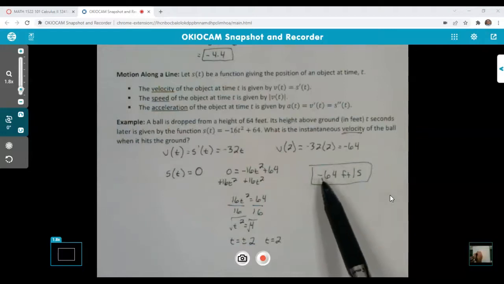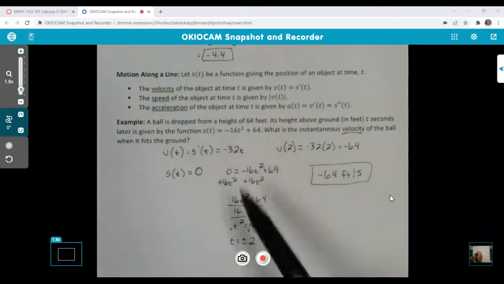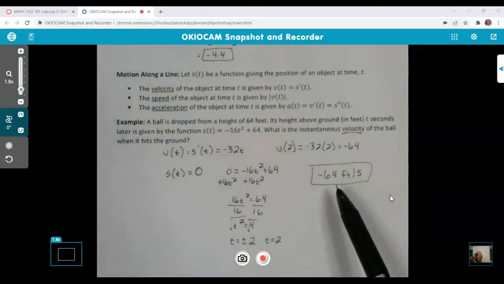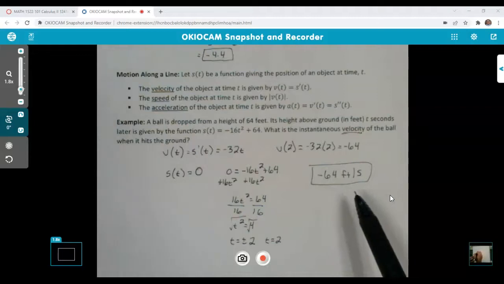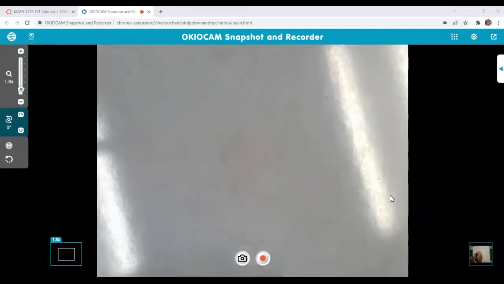The minus sign out front right here means it's falling down, which we knew because whenever a ball is dropped, it goes down, right? So we knew that. But this shows us that it's going down at a speed of 64 feet per second.